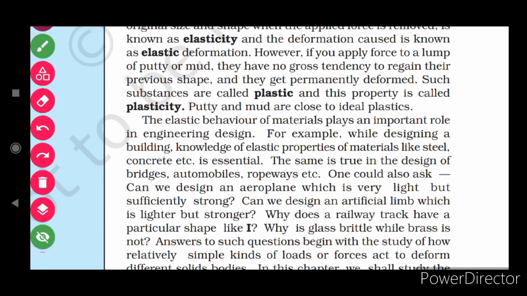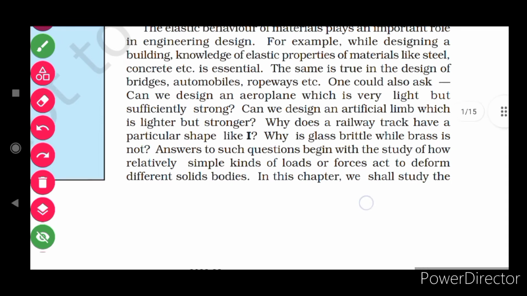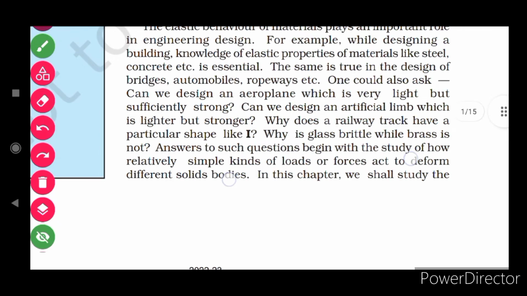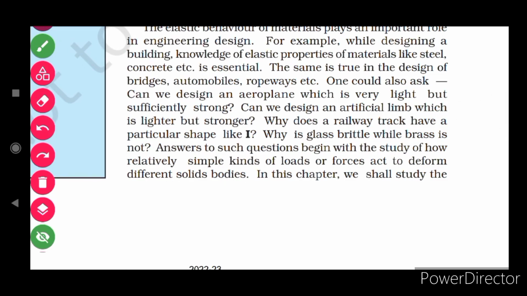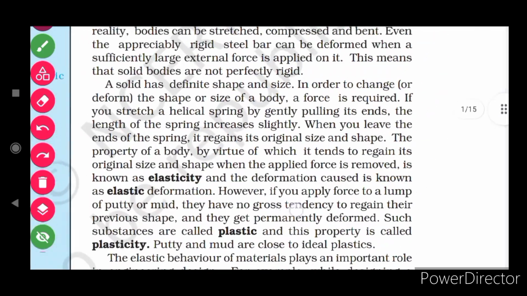So we will use a material which has a larger Young's modulus, a term I'll explain later, so that it will not deform easily. Then we'll see why I-shaped pillars are used in railway tracks, and ropeways: how much load they can bear and what things we have to keep in mind while designing them. All this will be answered in this chapter.